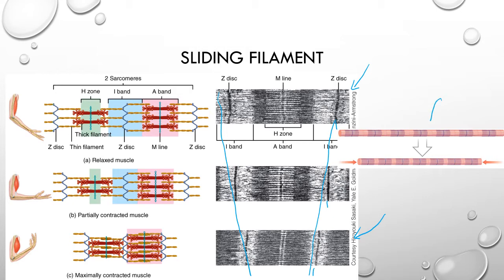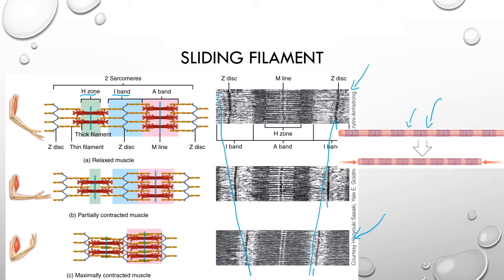Again, here we can see our thick and our thin filaments changing in size, the thin filaments becoming smaller and smaller as the space there shrinks. The space that we would normally have in our I band is shrinking as time goes by. We can see that the I band and the H zone eventually disappear in that fully contracted muscle.